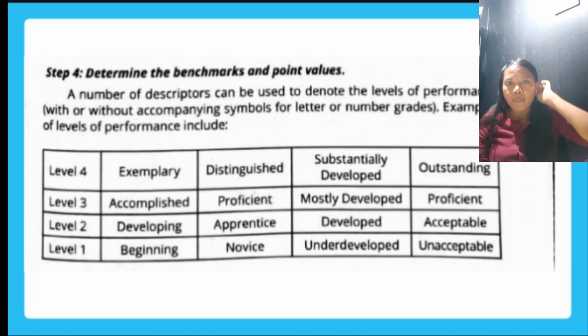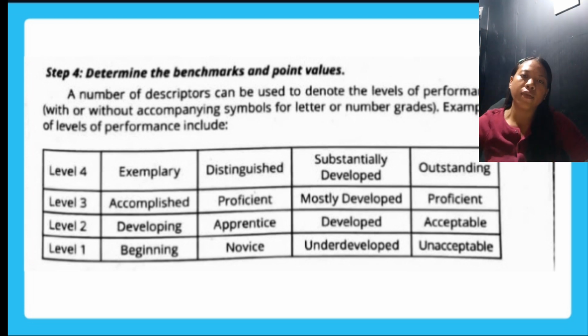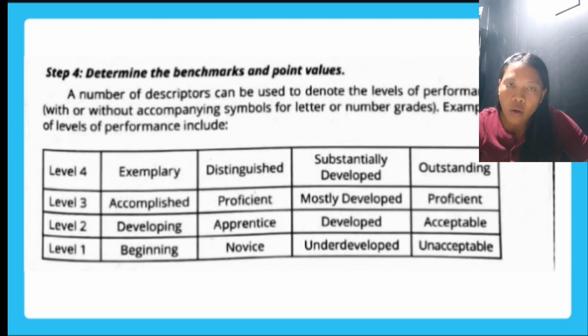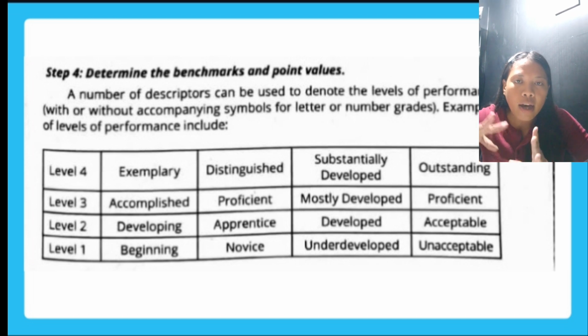For level 1, the common labels are beginning, novice, underdeveloped, and unacceptable. So at level 1, the analysis is incomplete. It uses incorrect methods or fails to relate to the question.